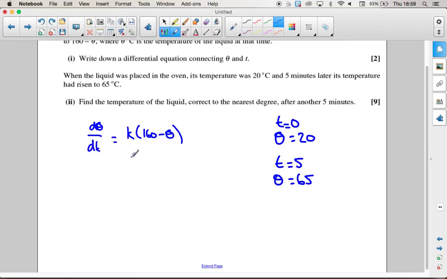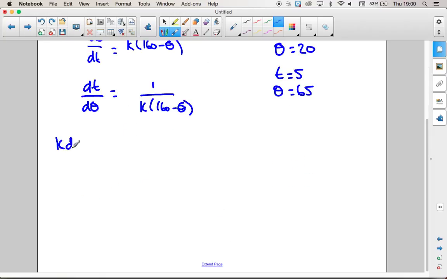We're going to need to rearrange this and integrate it. So first things first, it needs to be flipped over. And then I'm going to bring the k up to be with the dt, and the d theta is going to be over here, because now we can integrate this.